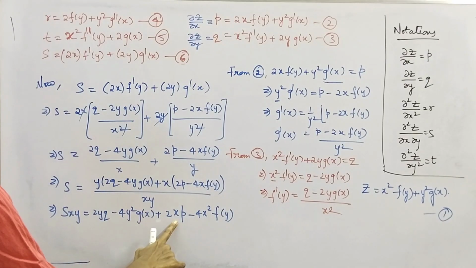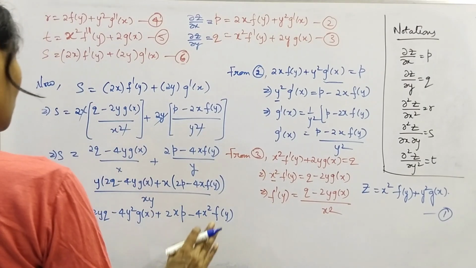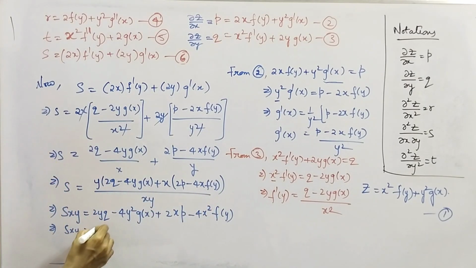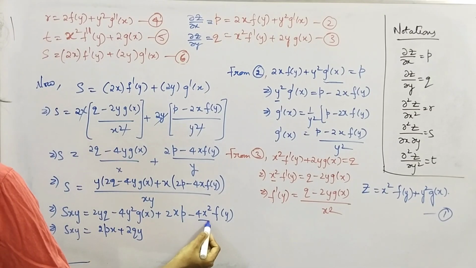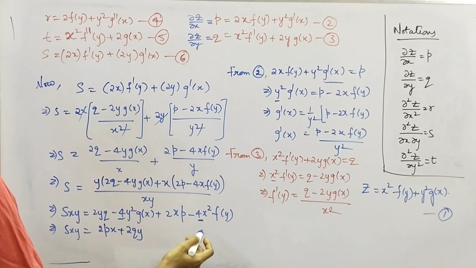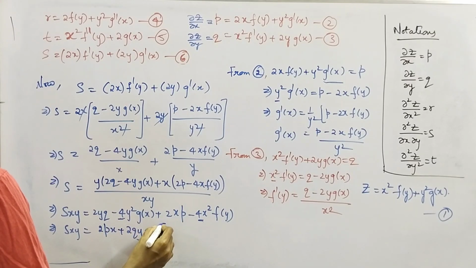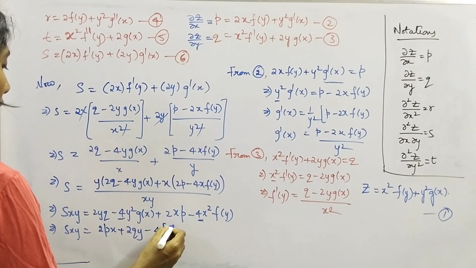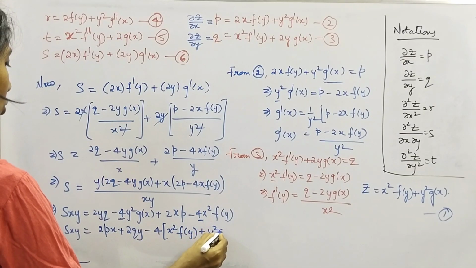Okay, take 2 common from these two terms, or just leave it, don't take 2 common. Alright, 2px plus 2qy. Now take 4 common from these two terms, only 4, not x², okay? Minus 4 common. We'll get minus 4 times (x² f(y) plus y² g(x)).